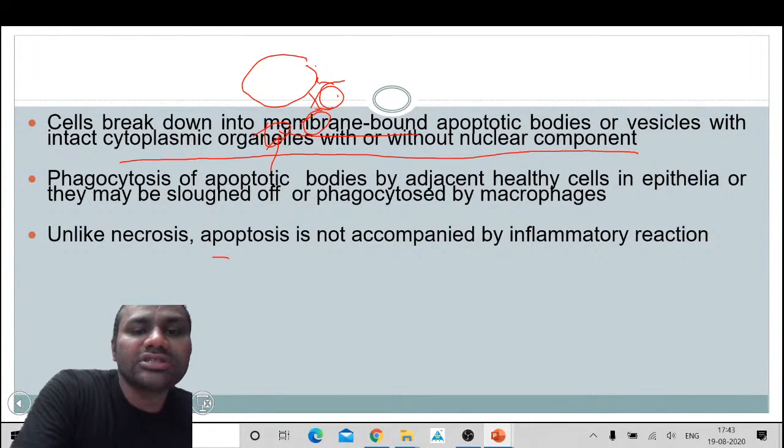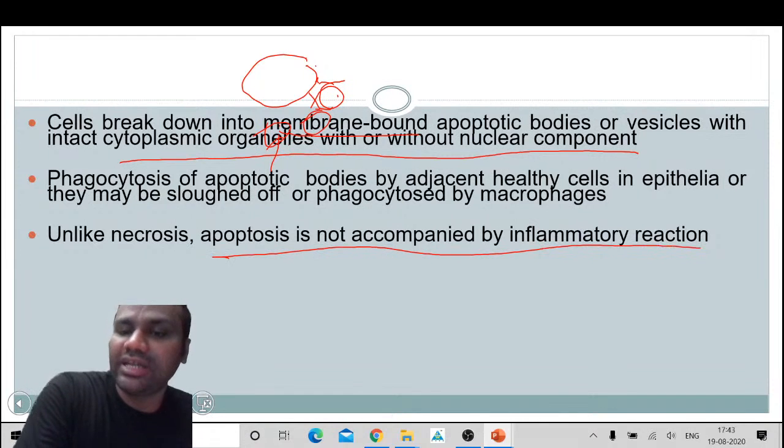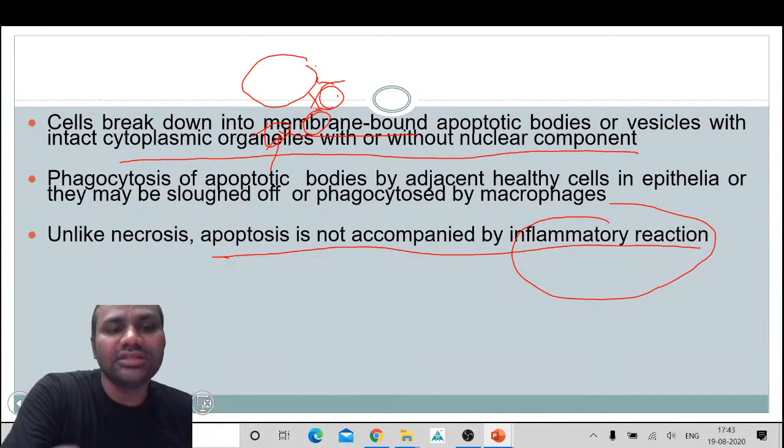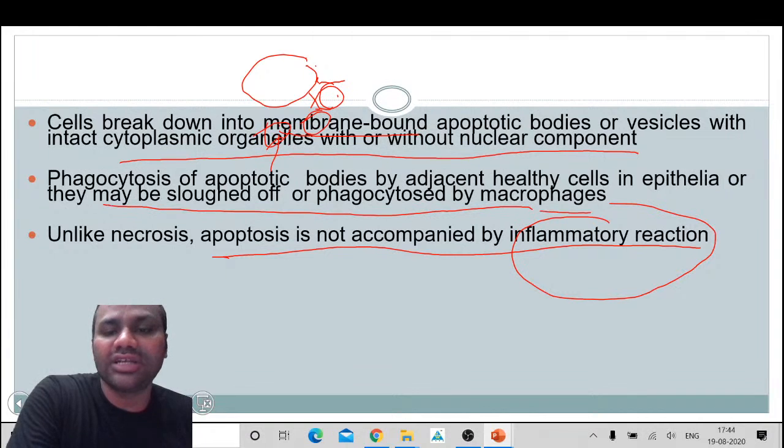Again, unlike necrosis, apoptosis is not accompanied by inflammatory reaction. There is phagocytosis of apoptotic bodies by adjacent healthy cells in epithelia, or they may be sloughed off or phagocytosed by macrophages.